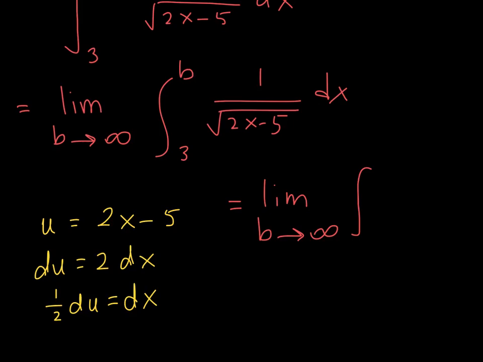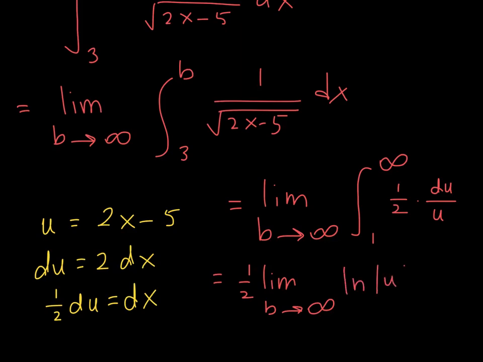If you plug 3 in for x, you get 2 times 3, which is 6, 6 minus 5, which is 1. So it's now 1 to infinity. And then this becomes 1 half du over u. So then this is equal to 1 half times the limit as b goes to infinity of the natural log of the absolute value of u from 1 to infinity.